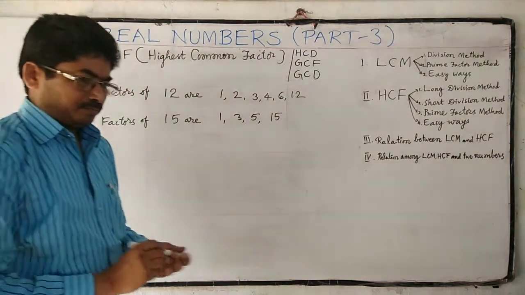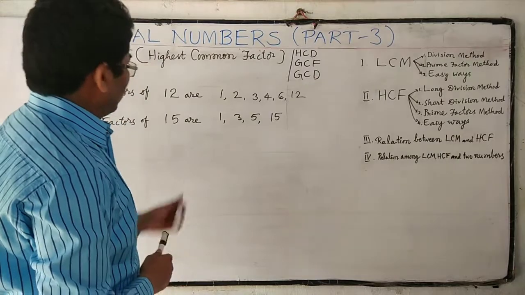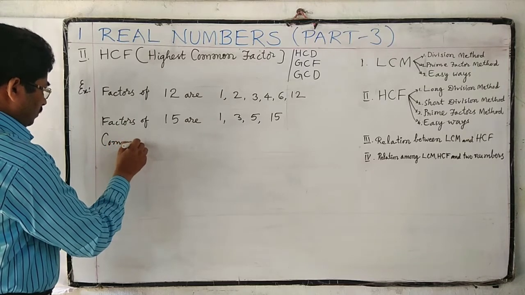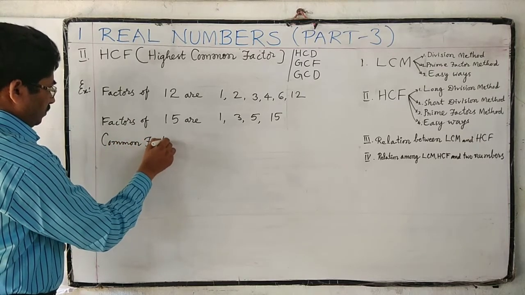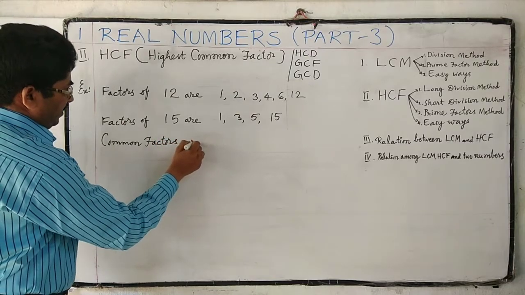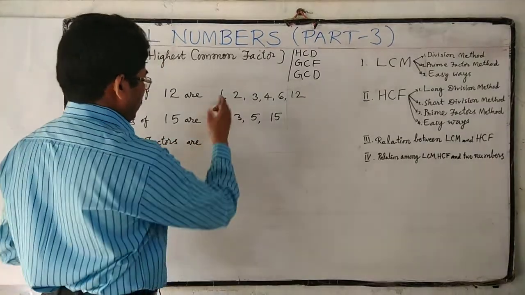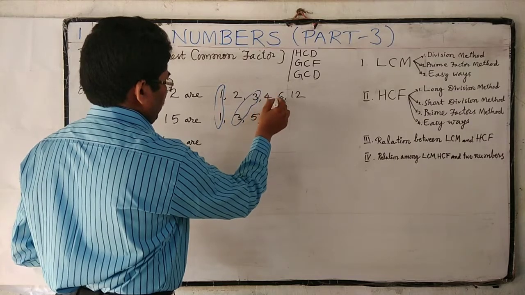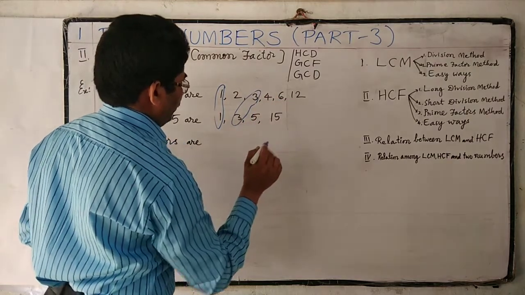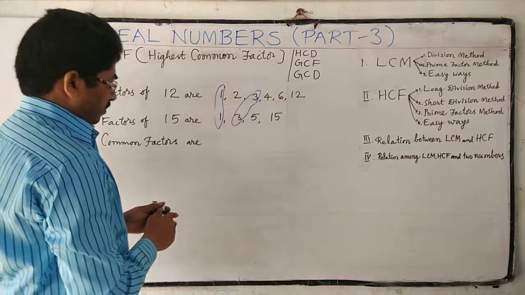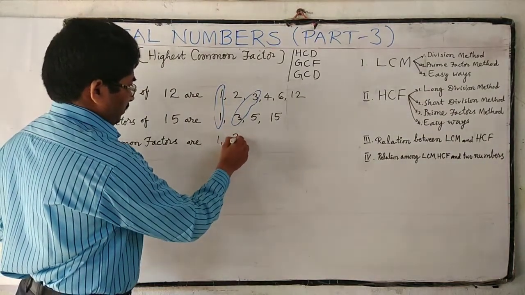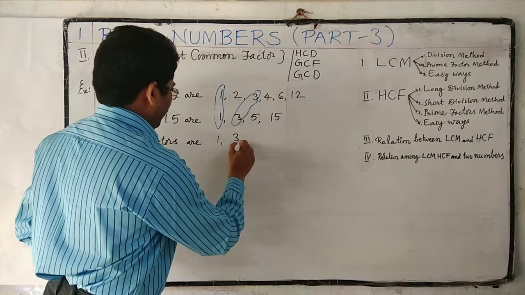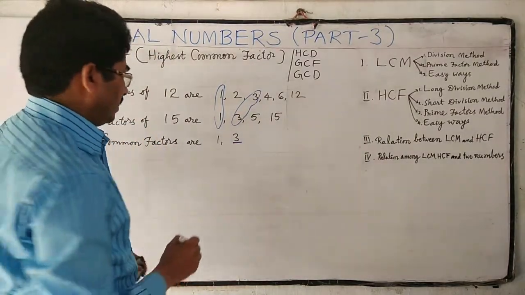In these, the common factors are 1 and 3 only. Among these common factors, 3 is the highest, the greatest.